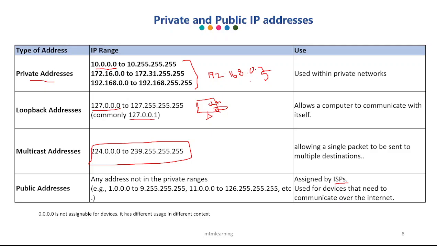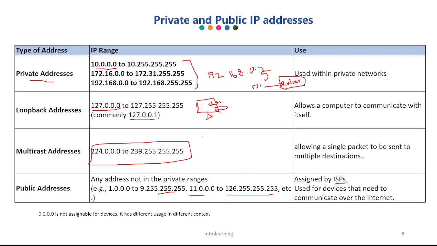When this is the IP address of your device, can it access the internet? Yes and no. If this is not connected to any router in your hospital, the answer is no, you can't. If it is connected to the router, the answer is yes. But what would be the IP address of this router? It will be one of these public IP addresses given to you by the ISP.